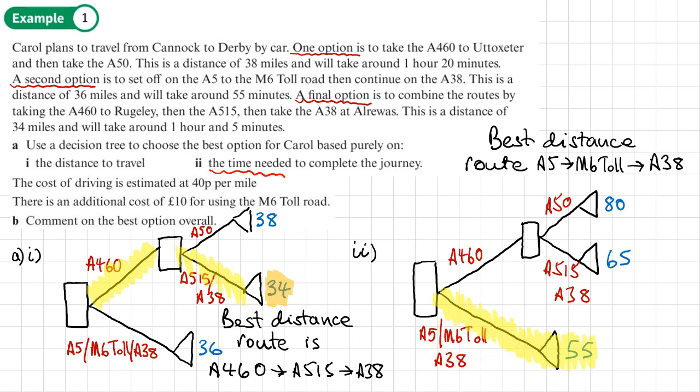So that's going to be the A5 followed by the M6 toll, then followed by the A38. So that's not the same route as the first one. So I guess it all depends on what Carol's priority is. Is it getting there as quick as possible in the shortest time, or is it trying to save petrol by taking the shortest distance?